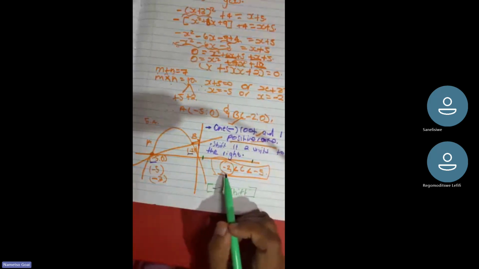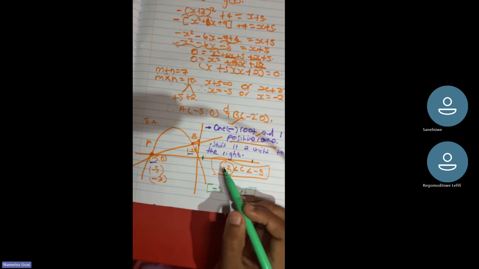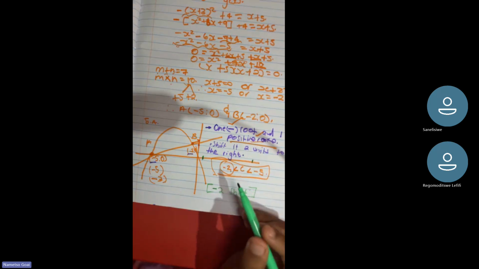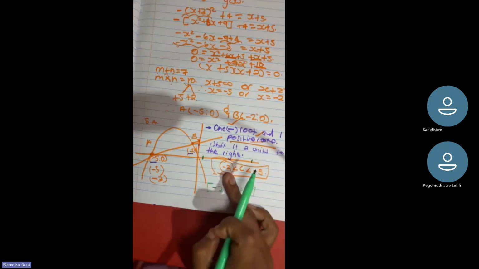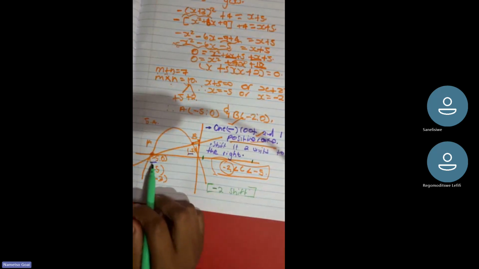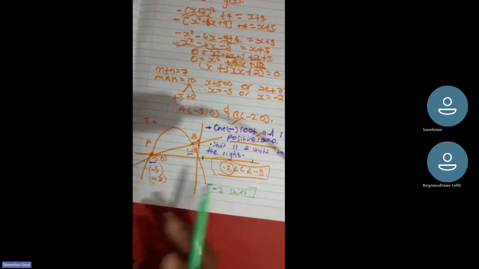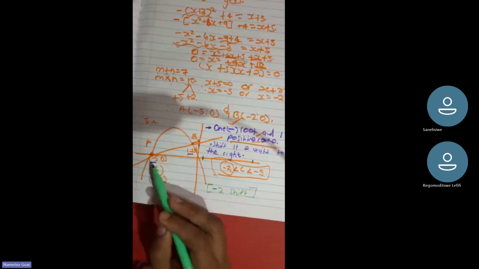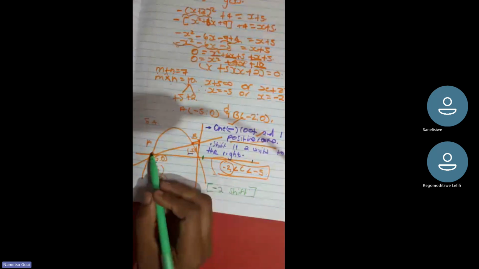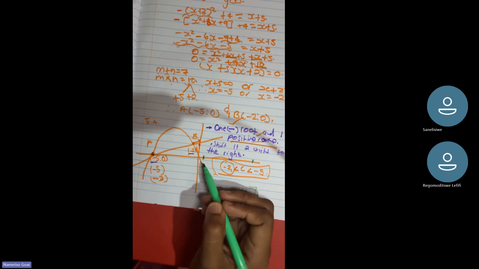So what we're saying is that the shift that we're going to perform should be greater than 2 units to the right, but less than 5 units to the right. Because if it's greater than 5 units to the right, it's going to take our A and put it on the positive side, which is not something that we want.